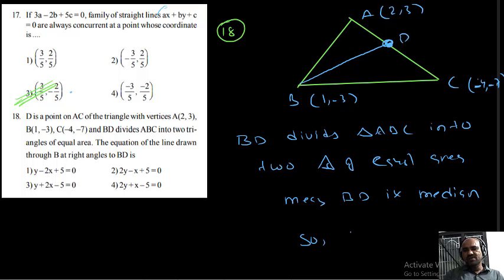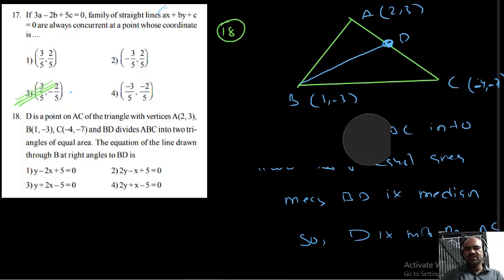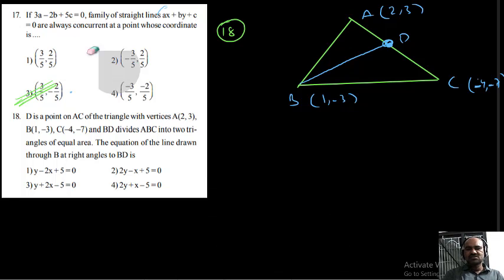So D is the midpoint of AC. I can find the coordinates of D directly. Students, observe: D equals ((-4+2)/2, (-7+3)/2), which is (-1, -2).